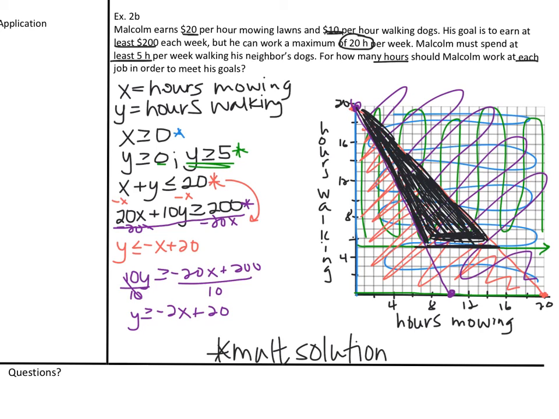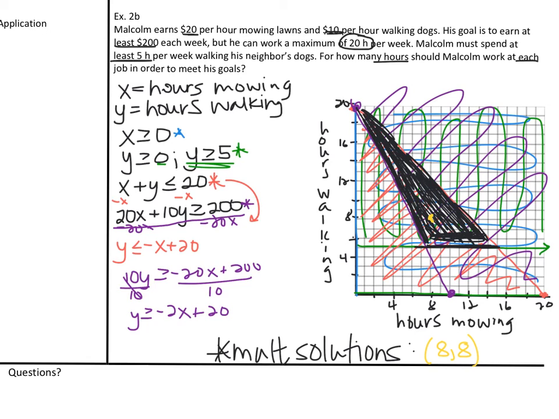We'll just give a couple of options. So what we need to do now is actually go into the graph and determine an x and a y value. Let's see, if I go over to 8 on the x-axis and up to 8, I notice that's in that solution set. So we could do 8 and 8, 8 hours of each job. That would work. Can you come up with another one?